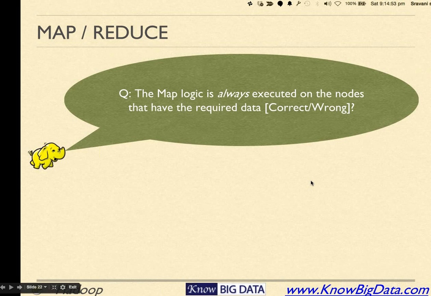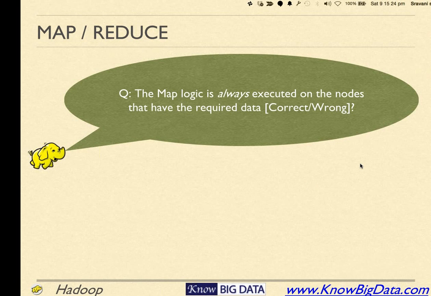So the question here is, map logic is always executed on the nodes that have required data. Meaning if such a node on which the data is, is very busy, then our logic will not be executed. Is that correct or wrong? No matter what happens, map logic will always be executed on the nodes that have the required data.